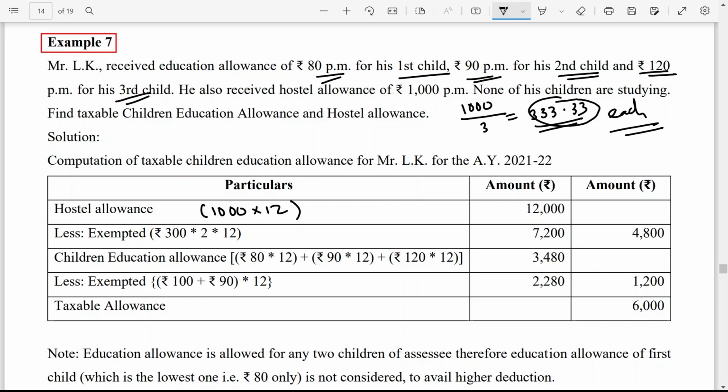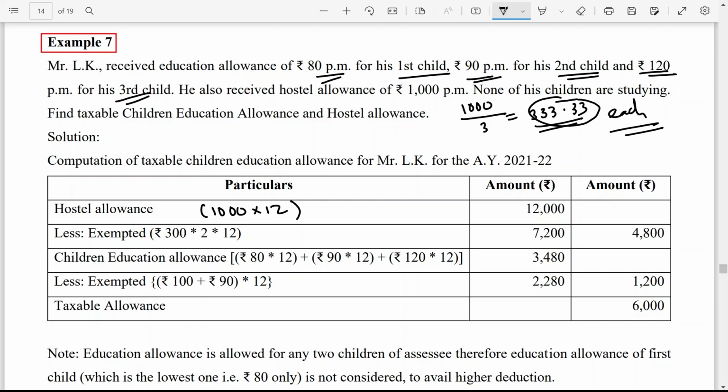So that means he will get the full 300 per child, because here no bifurcation is given for how much is for the first child, how much is for the second child, how much is for the third child. This type of bifurcation is not given. So what we have done, we have divided the total amount he has received by 3 because he has 3 children, and we got 333, and it is more than 300, so the full 300 is available per child.